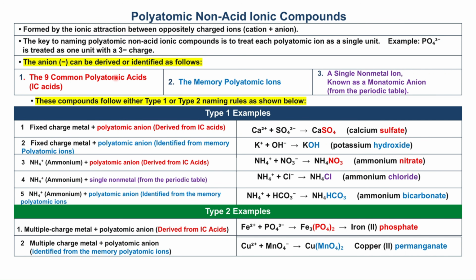So now that we know the 9 common polyatomic acids, what path can we use to find the family anions in other acids? For example, how can we derive the anions shown in red from the 9 common polyatomic acids? Where can we derive these anions, such as sulfate, nitrate, phosphate, and many more?